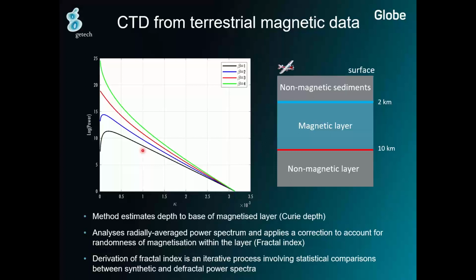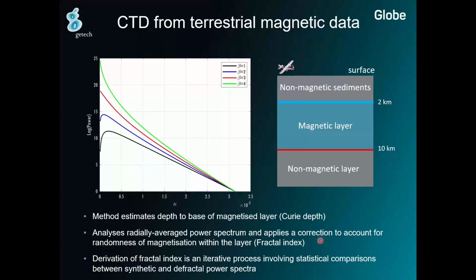However, what we often see with radial average power spectra is that there isn't a peak, and they will often continue like this. What we also observe, if we look at the actual distributions of magnetization in the crust, is that it's not entirely random, and in fact it's more like a fractal distribution.